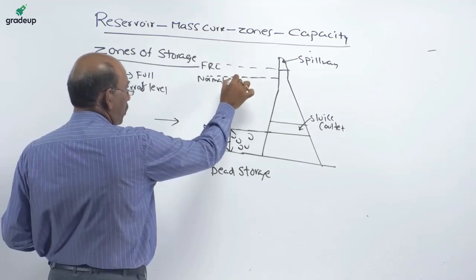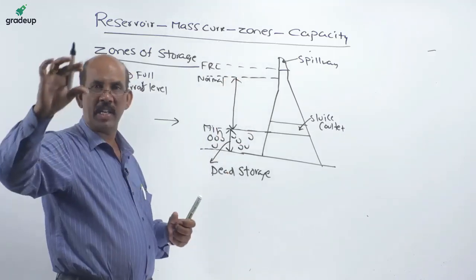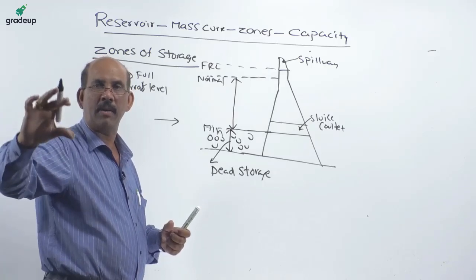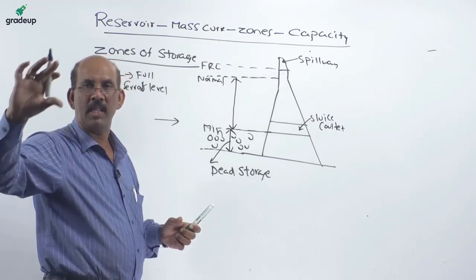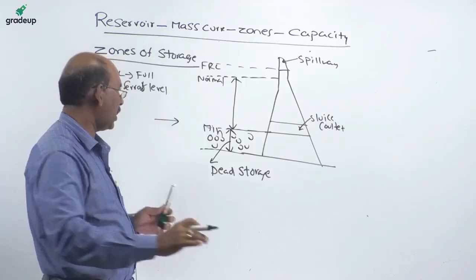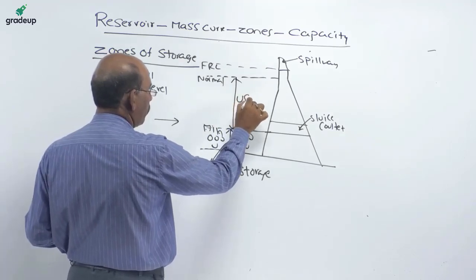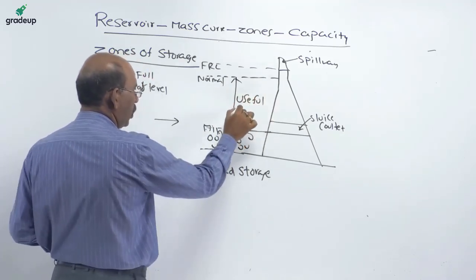The quantity of water which is required, for example for irrigation purposes, is stored between the normal level and the minimum level, which is known as the useful storage.